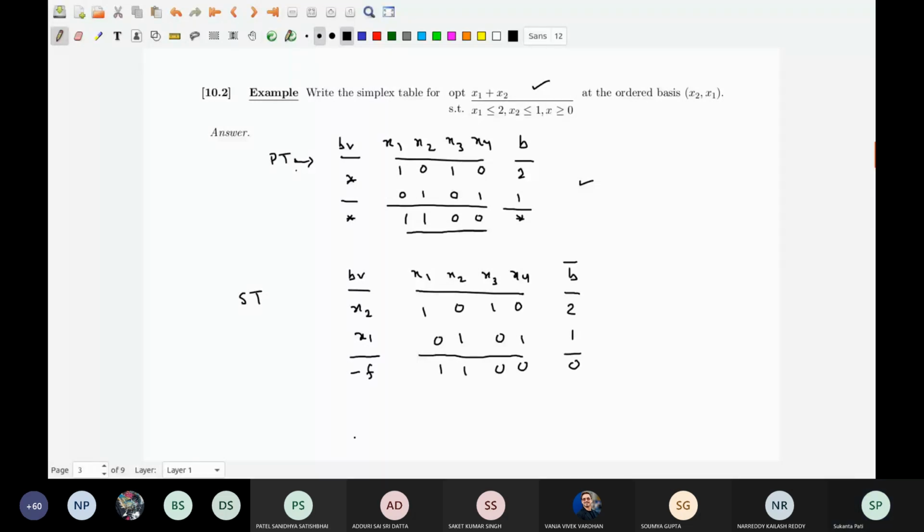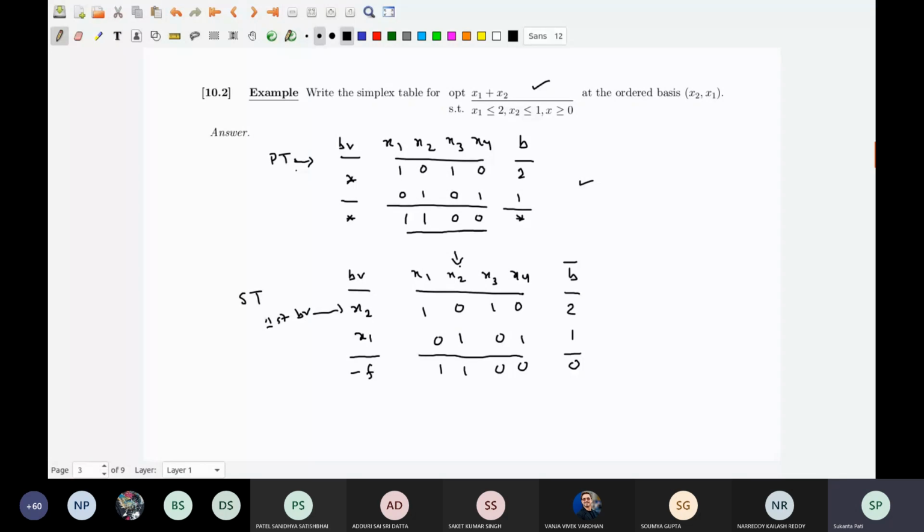Next, my aim is, this is my first basic variable. So the column below x2 has to be converted to E1, 1 0 0, by doing elementary row operations.